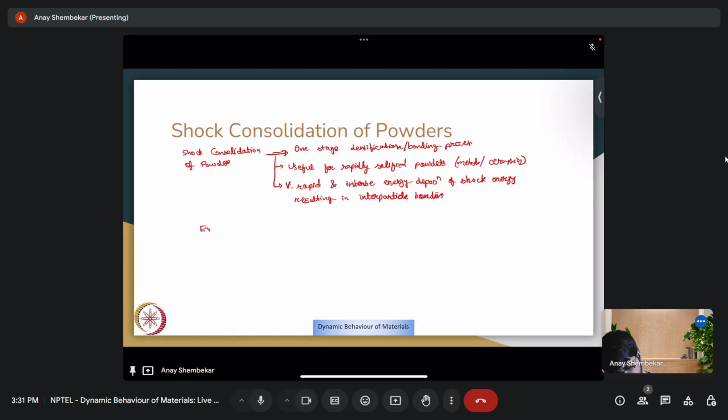Example of the same is graphite to diamond synthesis. Another example is quartzite form of boron nitride.